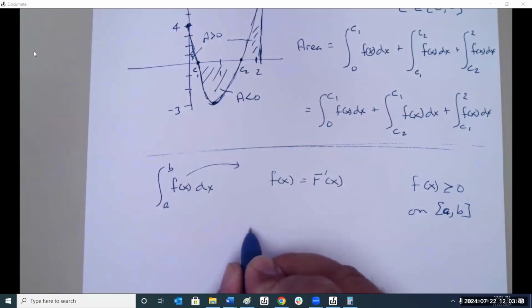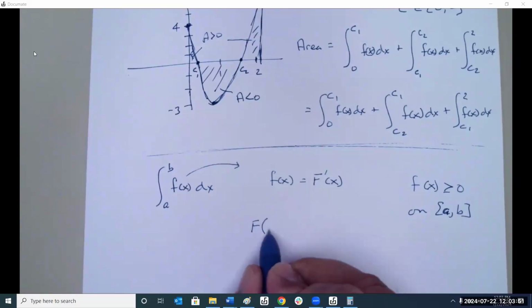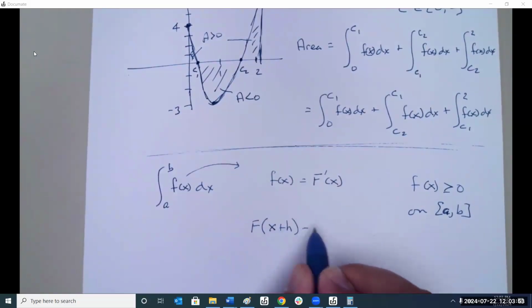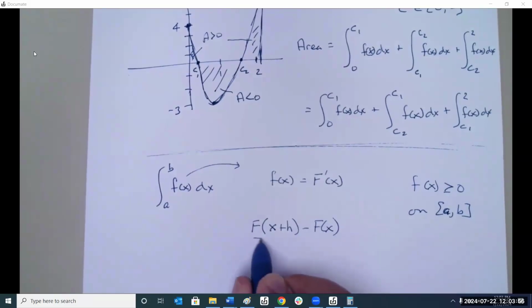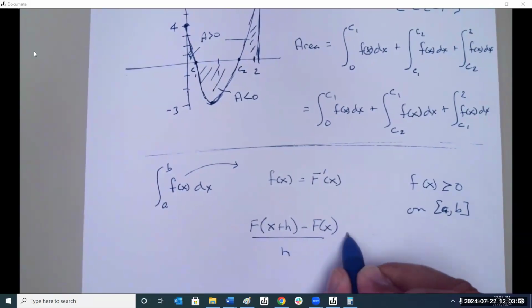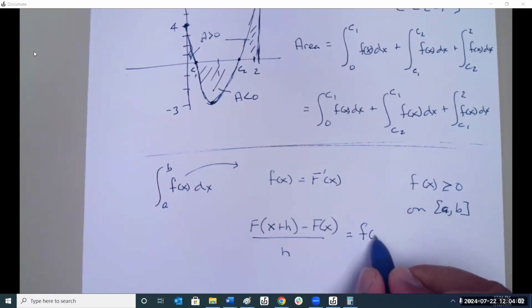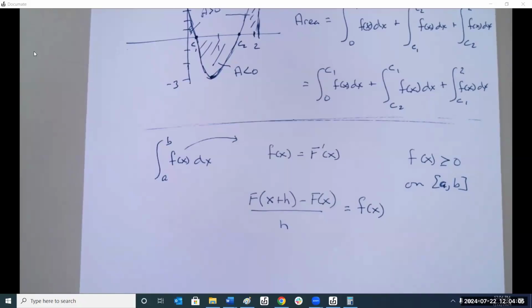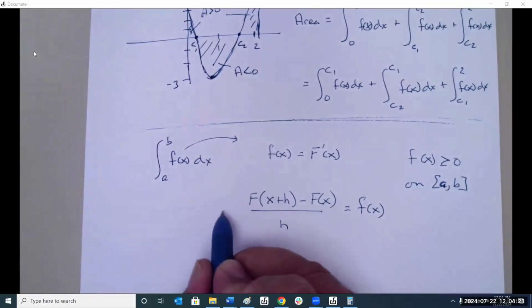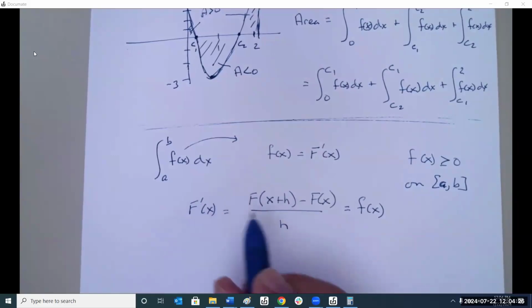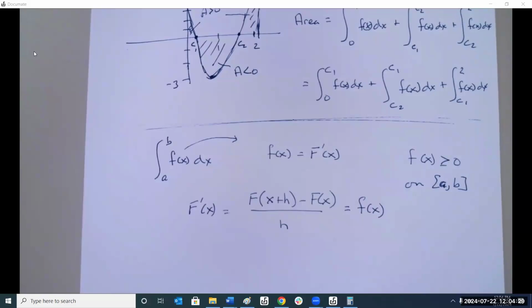So what we know here is that, and then what did we do? And so this is our first derivative. It's the same as that difference quotient.